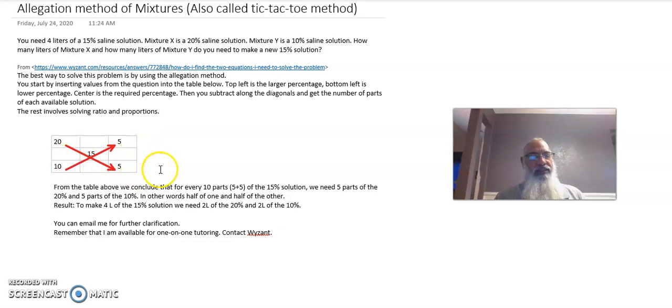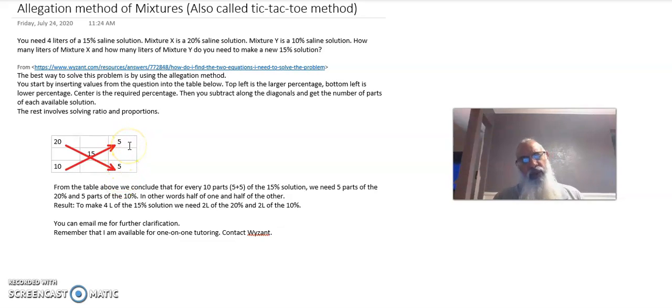Now, what this is telling us is that you will need 5 parts of the 20% solution and 5 parts of the 10% solution to make 10 parts of the 15% solution. So remember, if you add the 5 and the 5, you get the 10.